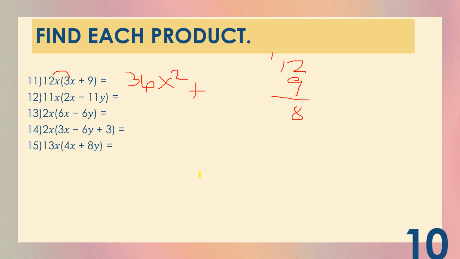Bring down 8, carry 1. 9 times 1, 9 plus 1, 10. That's 108. So the product is 36x squared plus 108x. Don't forget the variable. Okay, so that's it.